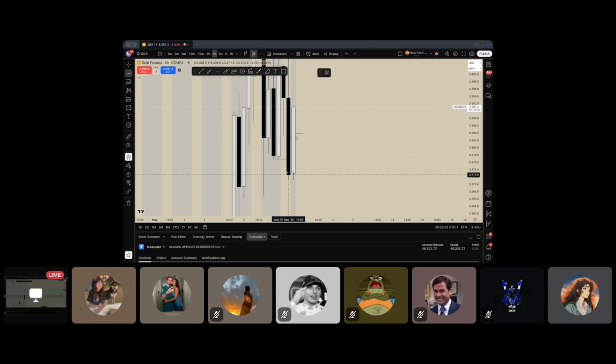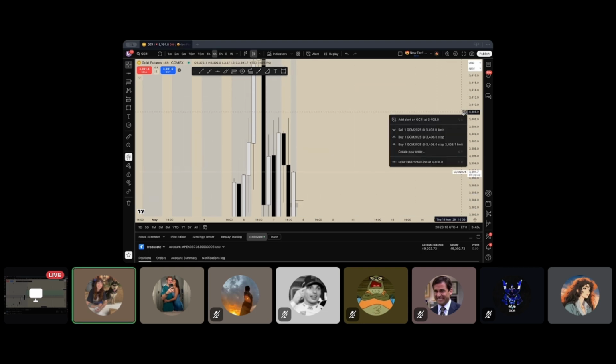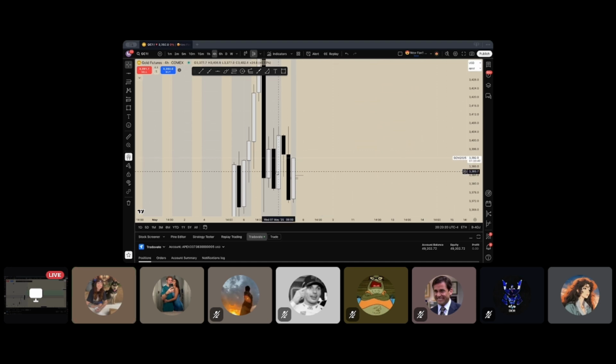Swept. They're not exact because nothing's exact and the algo messes with you and blah blah blah. But equal lows were swept. And then boom. After that happened both times, what did we have? A ripper. Equal highs swept. What did we have? A reverse ripper.